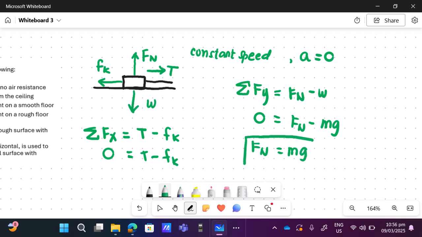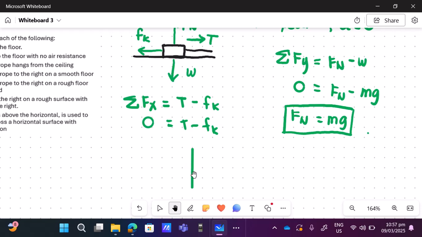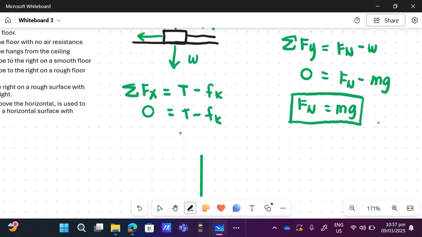Then for the net force along the horizontal axis, the magnitude of our tension, or force due to tension, is equal to the force due to friction.